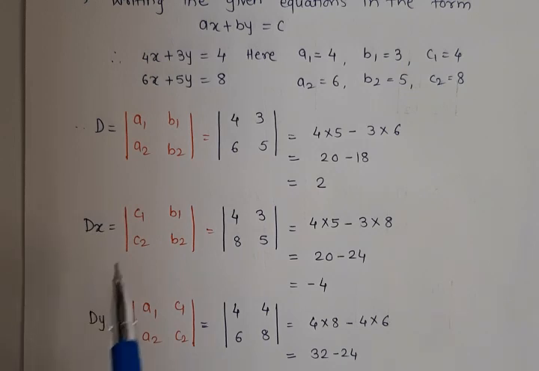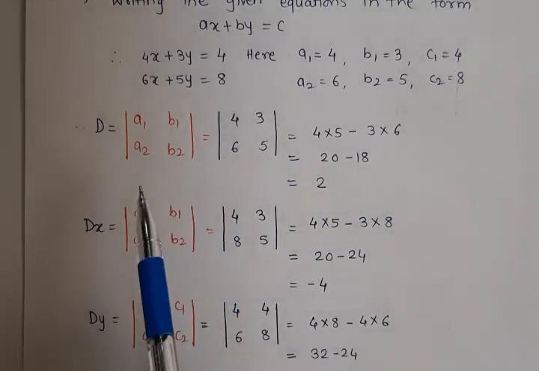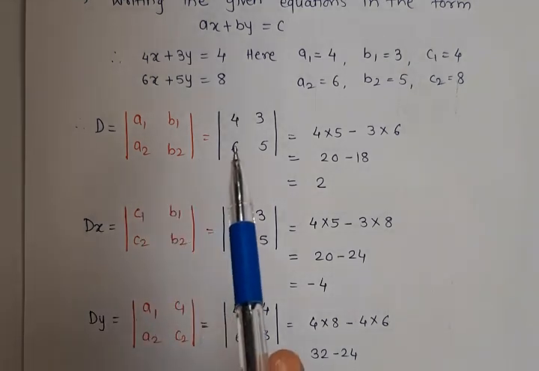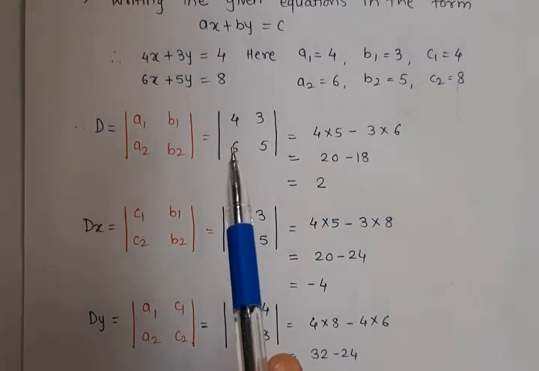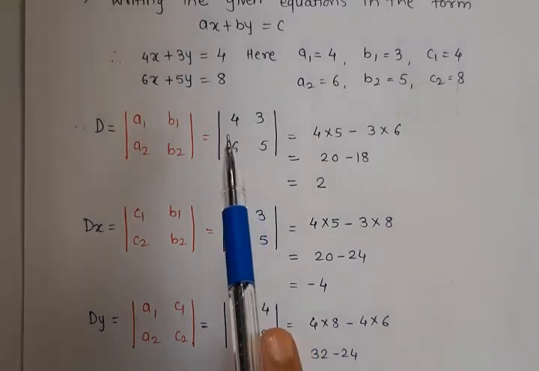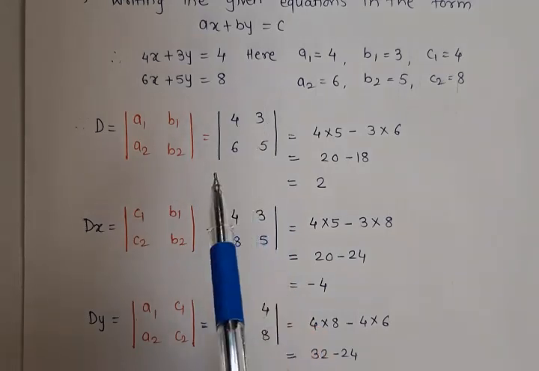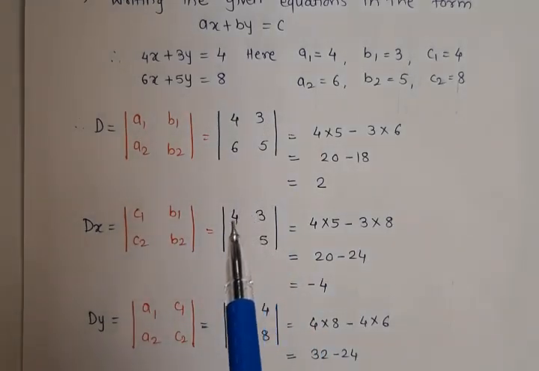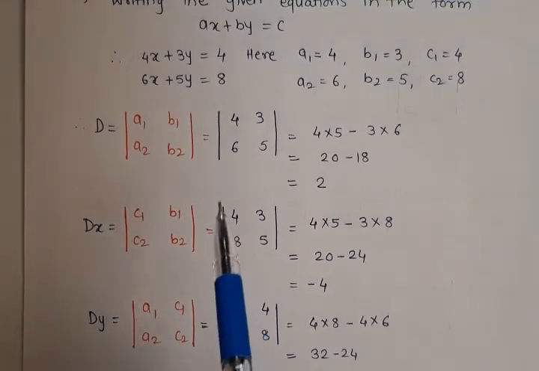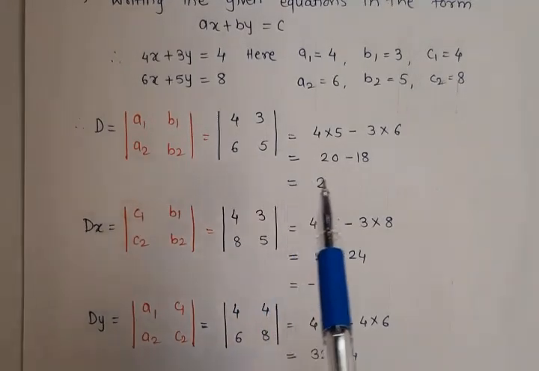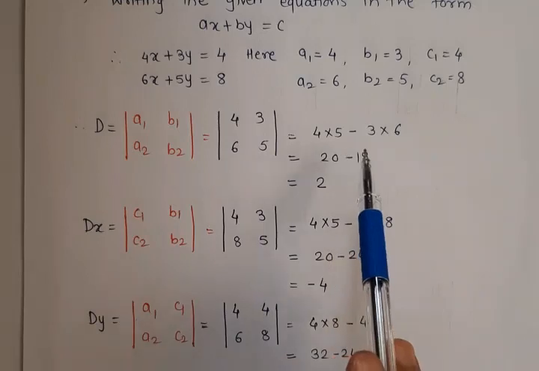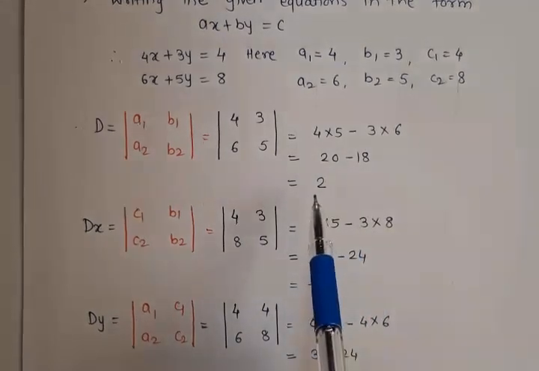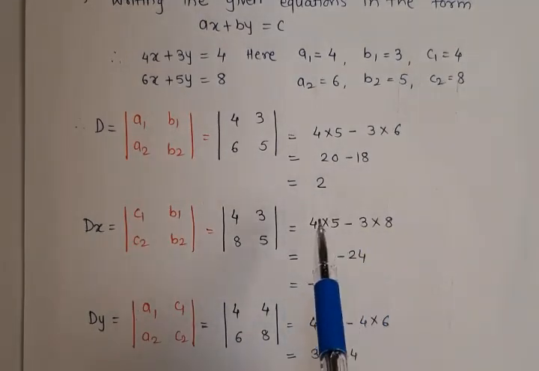So d equals a1, b1, a2, b2, and we can substitute the values 4, 3, 6, 5. Everyone knows how to solve the determinant? Very good. We do the cross multiplication: 4 into 5 minus 3 into 6, so 20 minus 18 equals 2.